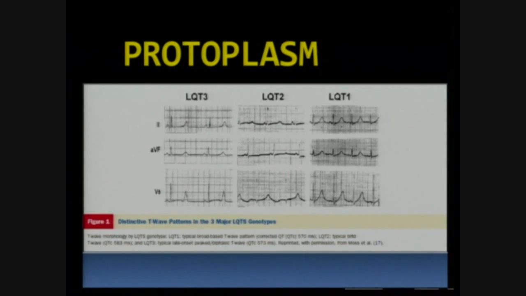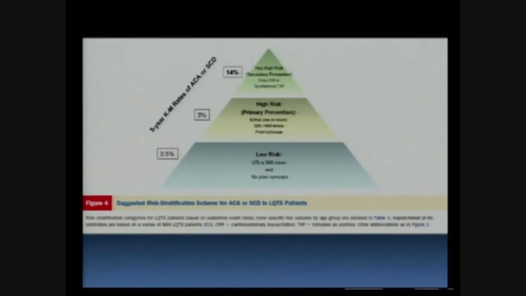Interesting, in long QT2, they talk about loud noise or sudden noises being a precipitating factor in these folks having a cardiac event. They even want them to not have alarm clocks. I mean, that's amazing that it might set their heart off. But it goes into the different risks and influences, the penetrance, and I thought it was a worthy article.